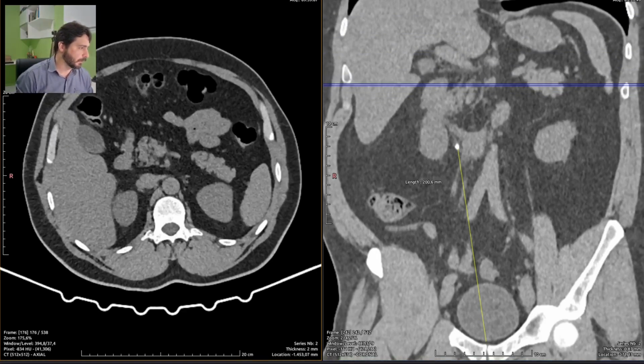And next up, there is no hydronephrosis nor stones on the left, but there are 2 microstones, 2 microcalculi on the lower pole of the right kidney.